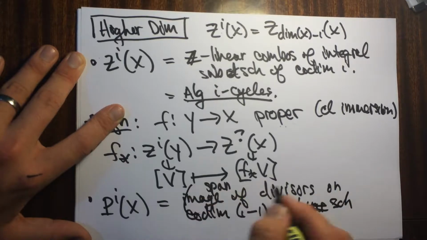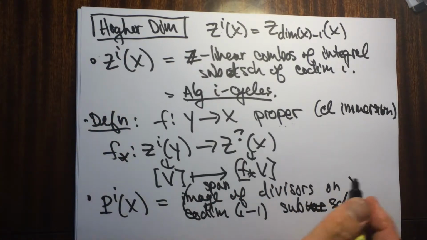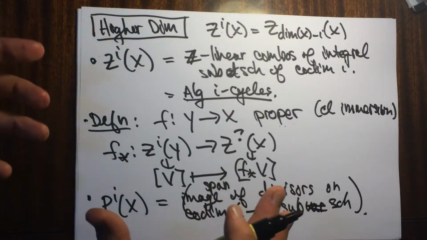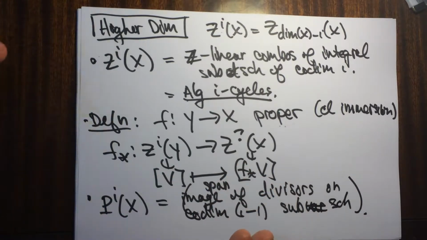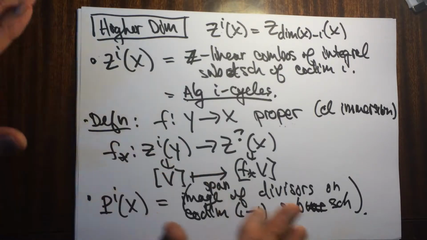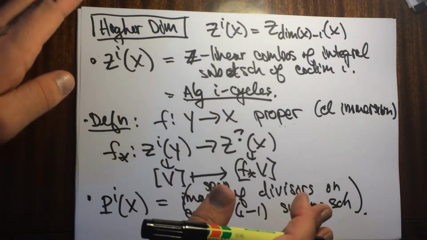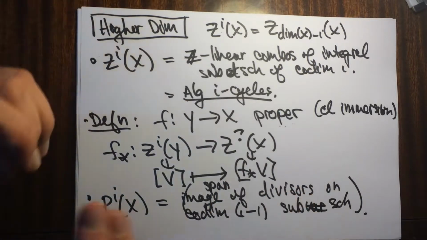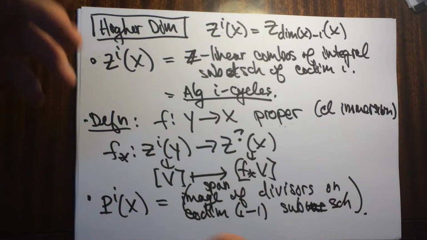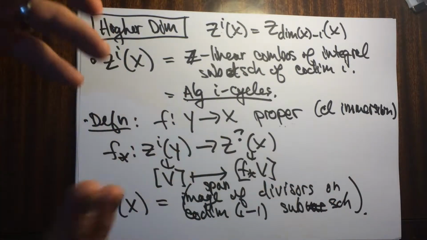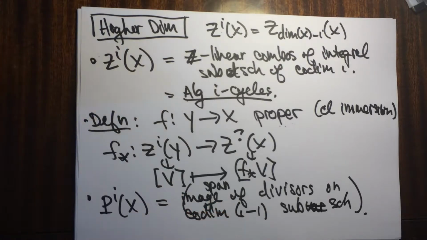Okay, so integral subschemes again. The idea is we need to define the notion of principal divisor. So what we'll do is find a subvariety that we can use the notion of principal divisor on, and then we use those to mod out by. So we just kind of have to move around the subvariety that we're doing this on.